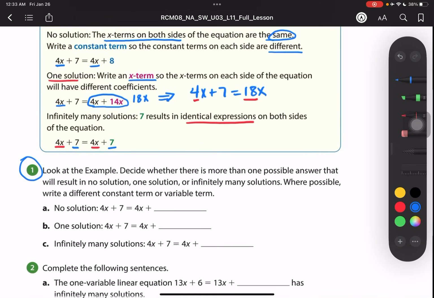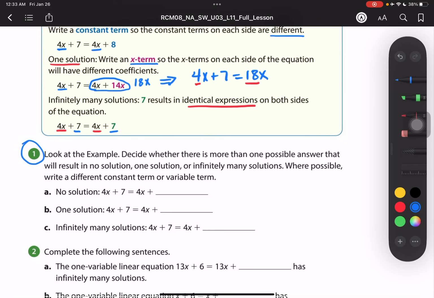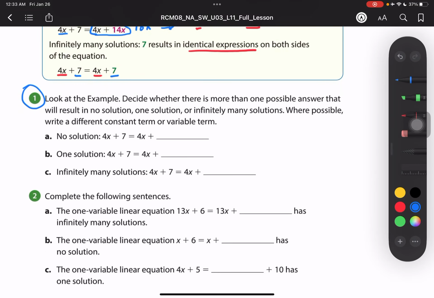Okay, so for number 1, it says look at the example, decide whether there is more than one possible answer that results in no solution, one solution, or infinitely many solutions. Where possible, write a different constant term or variable. For letter A, you could have had any number except 7.